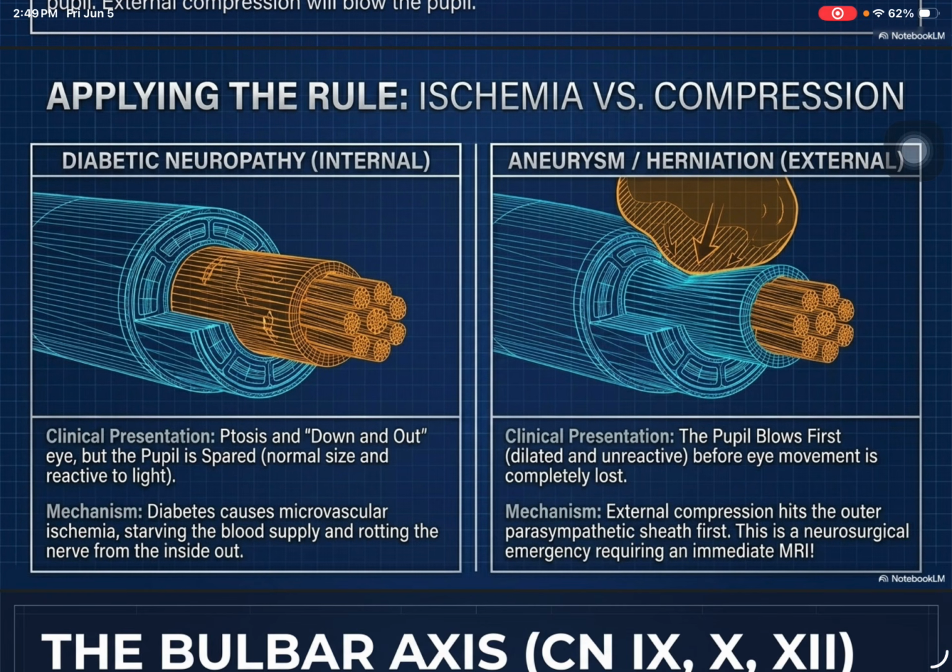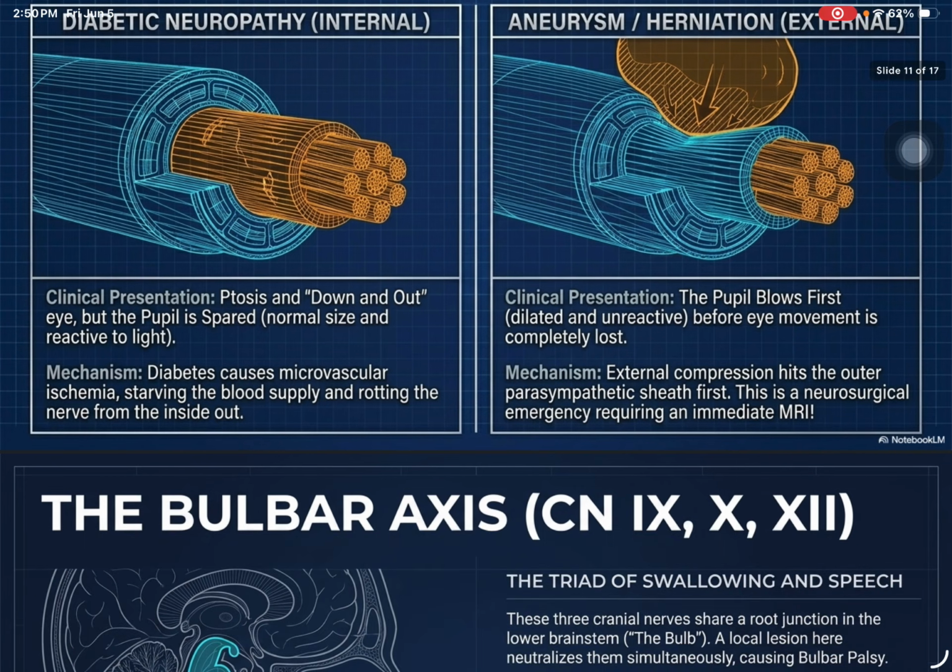Diabetic neuropathy damages the internal nerve fibers of the third cranial nerve, that is the oculomotor nerve. So in case of damage due to diabetic neuropathy, the pupil may be spared. Pupil size is normal and reacting to light.